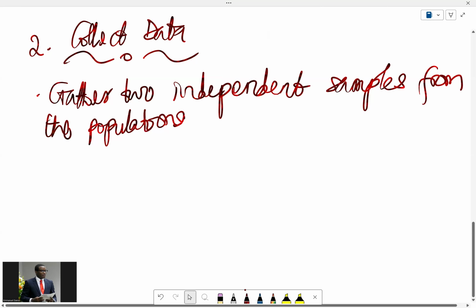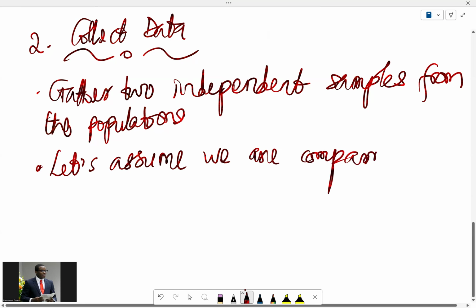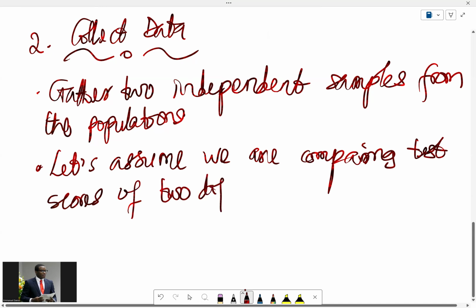So in this case, let's assume we are comparing test scores of two different classes.